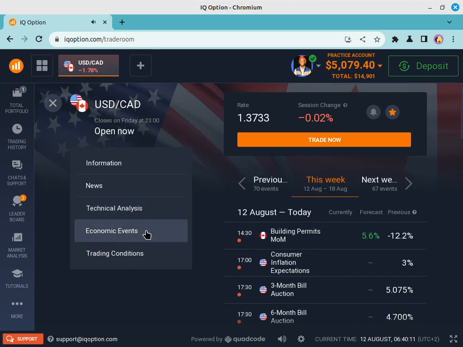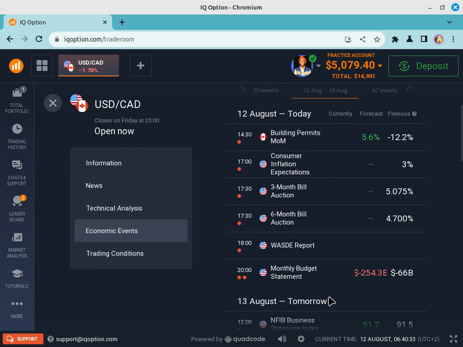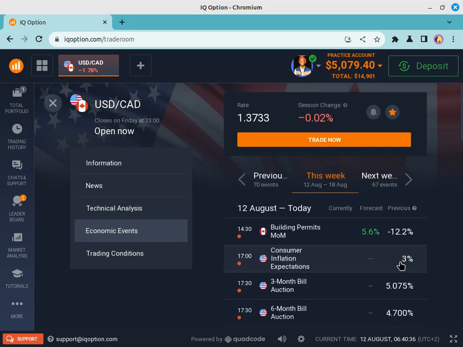We can look at the economic events. So today we have a building pyramid, consumer inflation expectation. It was 3%. 3-month bill auction. So consumers are expecting a 3% increase in the value of the US dollar.